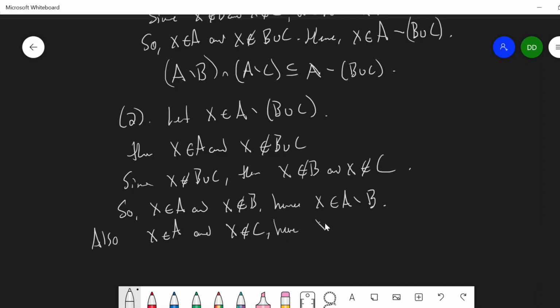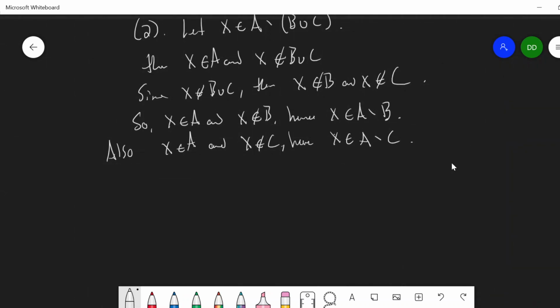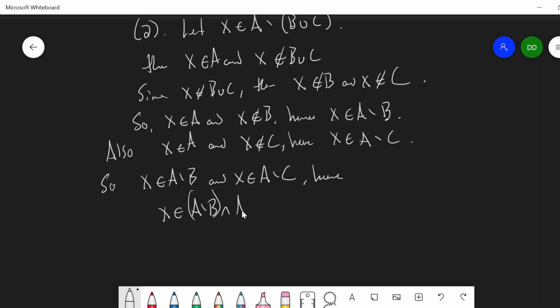Hence, x is in A minus C. So x is in A minus B, and x is in A minus C. Hence, by definition of intersection, x is in A minus B intersection with A minus C.